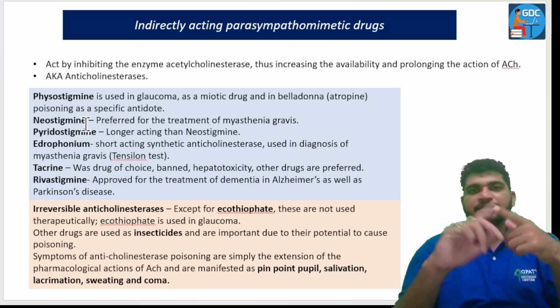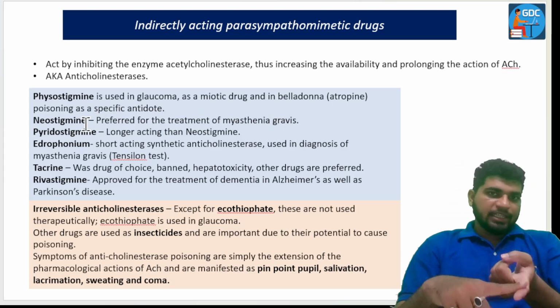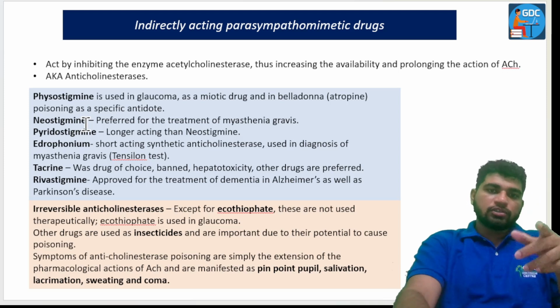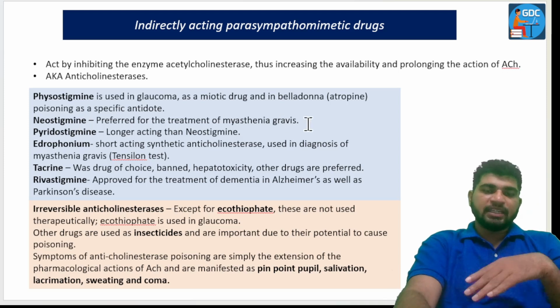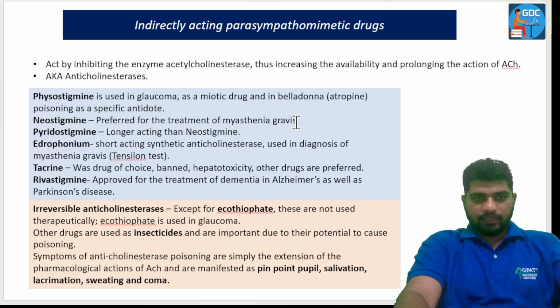Neostigmine has both muscarinic receptor activity as well as nicotinic receptor activity. Myasthenia gravis is an autoimmune disease of the skeletal muscles, which possess NM activity, that is, neuromuscular junction NM receptor activity.